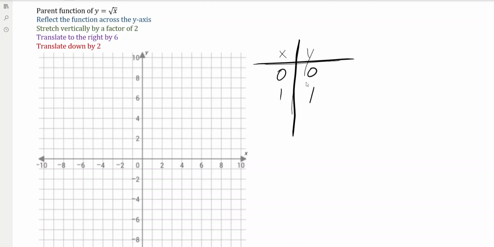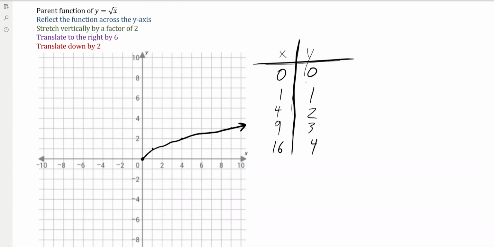So 1, 1, 4, 2, 9, 3, 16, 4, and that's probably all we're going to need. 16, 4 isn't even going to fit here for our first function, but we can certainly work with what we have. So it'll look something like this. All right, so this is our square root x function and our parent function.